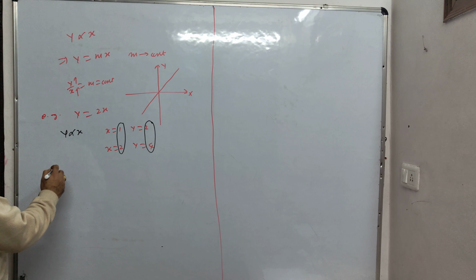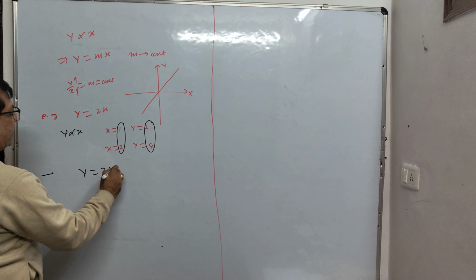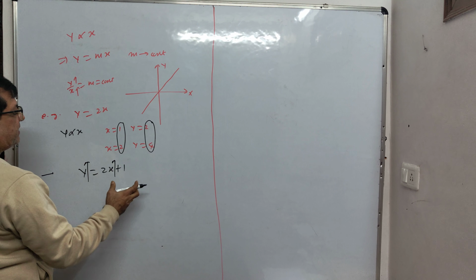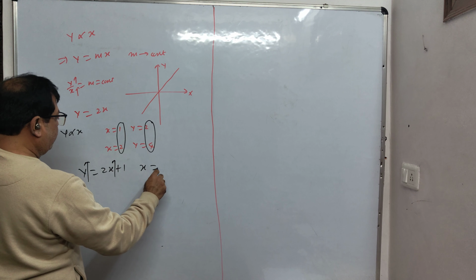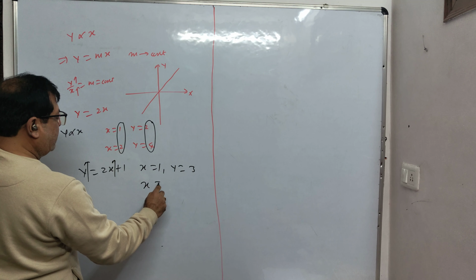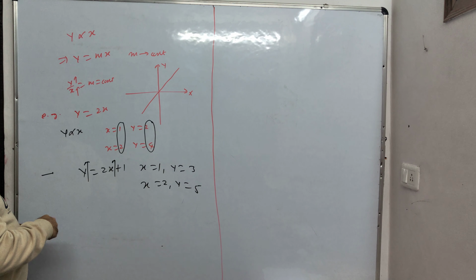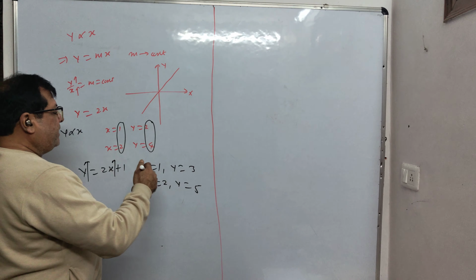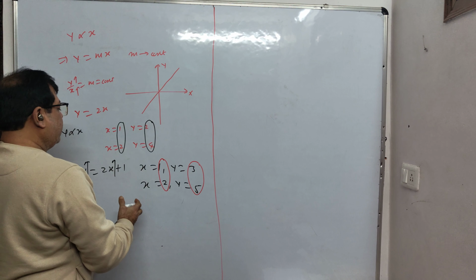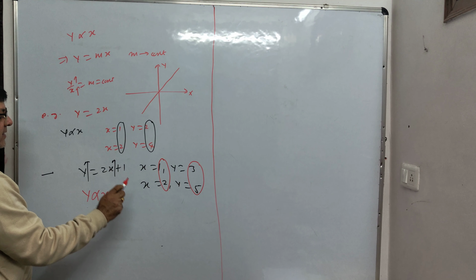But suppose we are taking another thing, y is equal to 2x plus 1. This increases, this also increases. Let us take x is equal to 1, y is equal to 3, x is equal to 2, y is equal to 5. But see, at this point x has doubled, but y has not doubled. So if anybody writes y is directly proportional to x, then this is wrong.